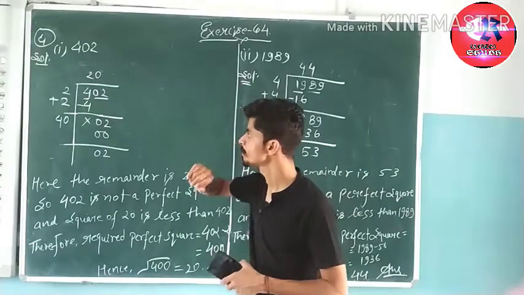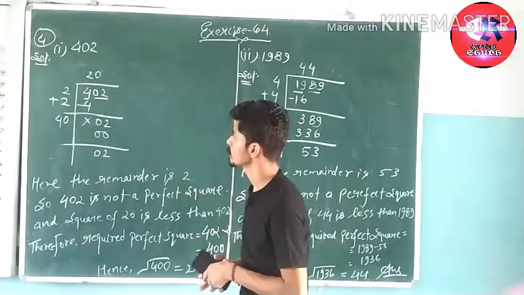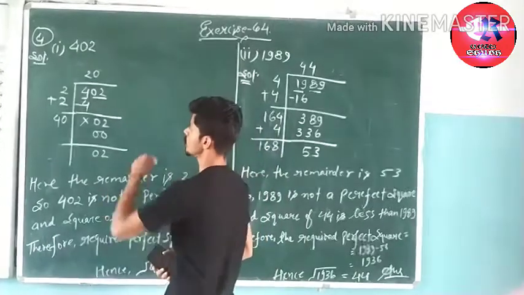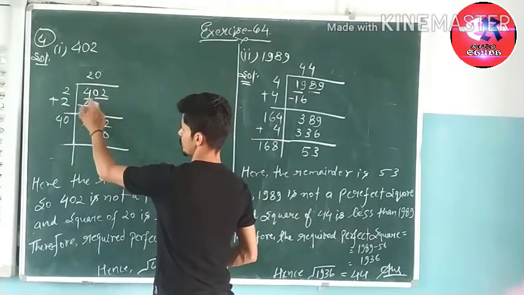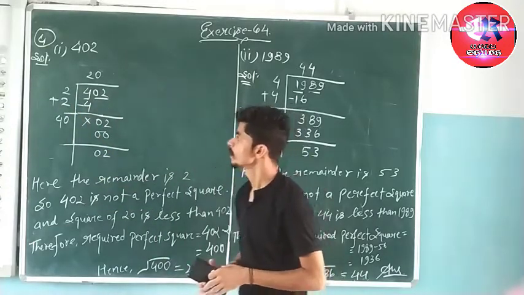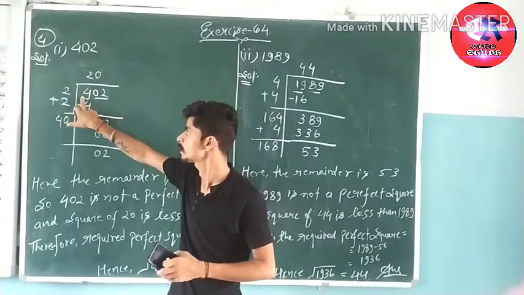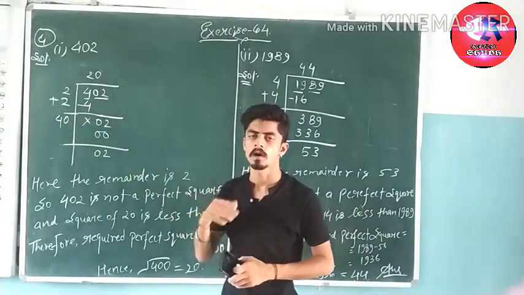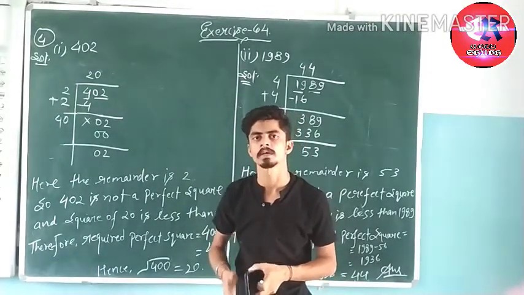Firstly we are going to solve 402 by the long division method. We have to find the square root. From the right hand side we make pairs, so there is one pair, 02, and the second one is 4, a single digit pair. Now we have to focus on 4 and find the square root of 4, which is 2, or we can say that we have to find a number whose square is nearest or equal to 4.